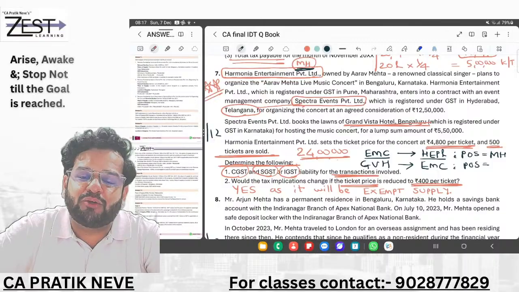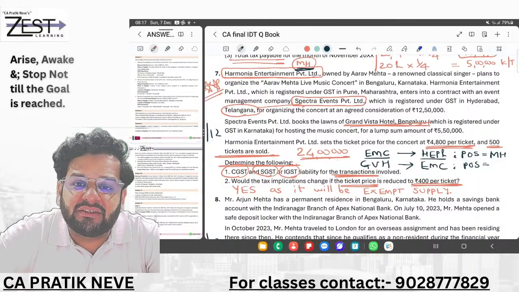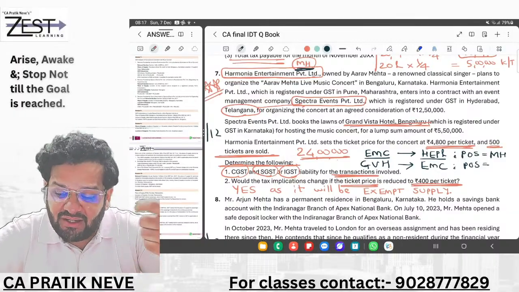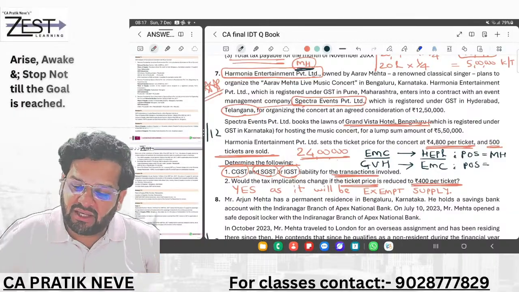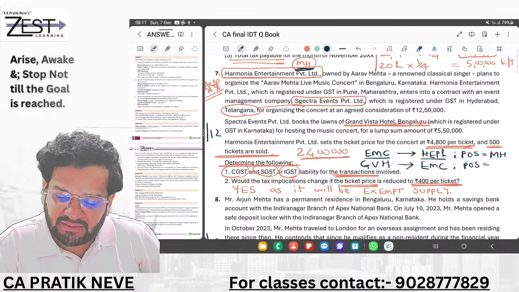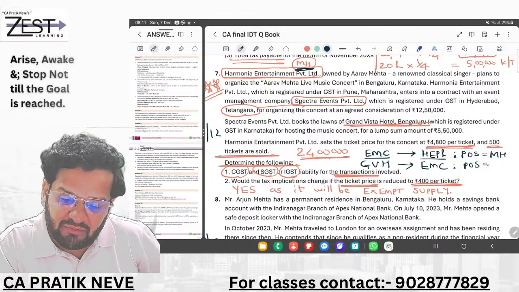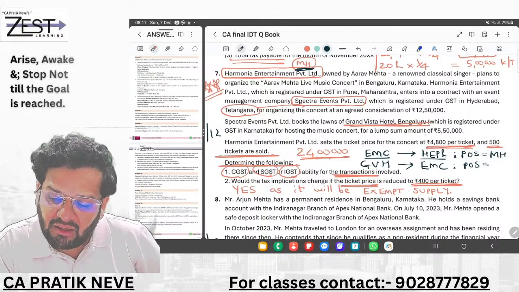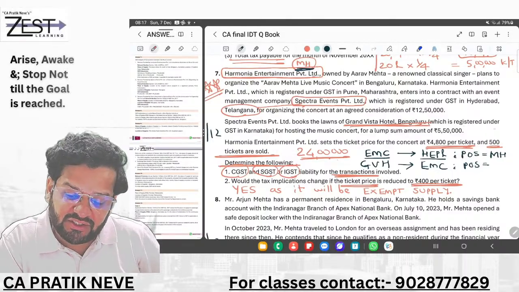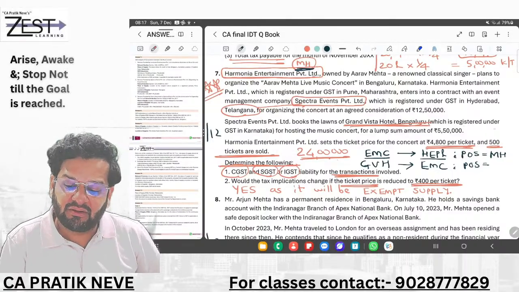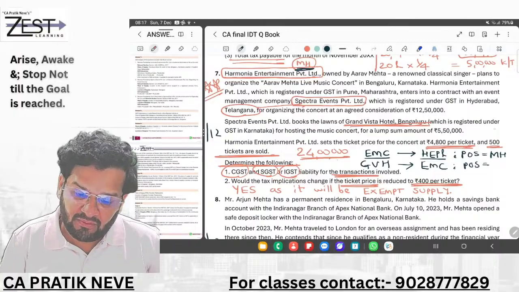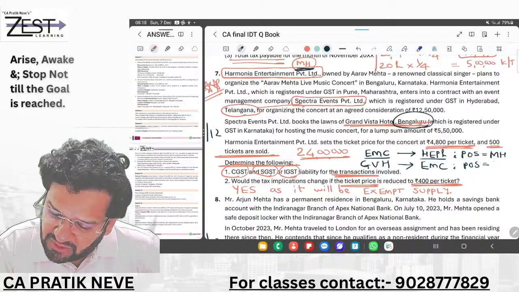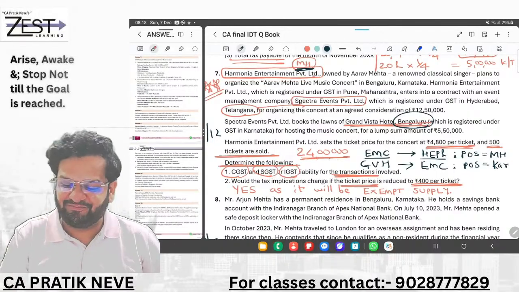When immovable property is involved, place of supply is where the immovable property is located or intended to be located. Spectra Events books the lawn of Grand Vista Hotel, Bangalore, which is registered under GST in Karnataka. So this hotel is in Bangalore, and place of supply will be Karnataka.